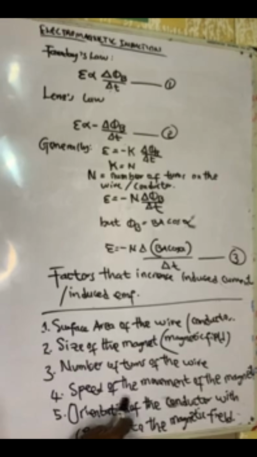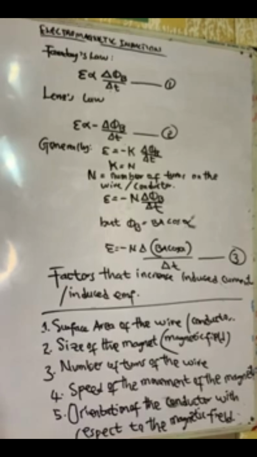Should you speed up the movement of the magnet, you have also increased the induced EMF or induced current. And then if you are able to orient the conductor with respect to the magnetic field such that the angle between them is 0, that is, they are parallel to each other, you would have a maximum magnetic flux, and the maximum magnetic flux will lead to maximum induced EMF or induced current.